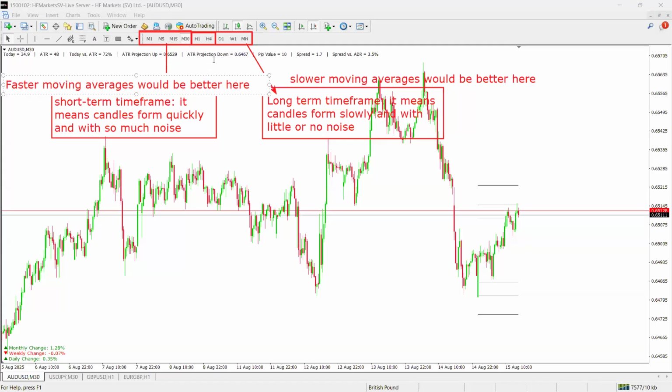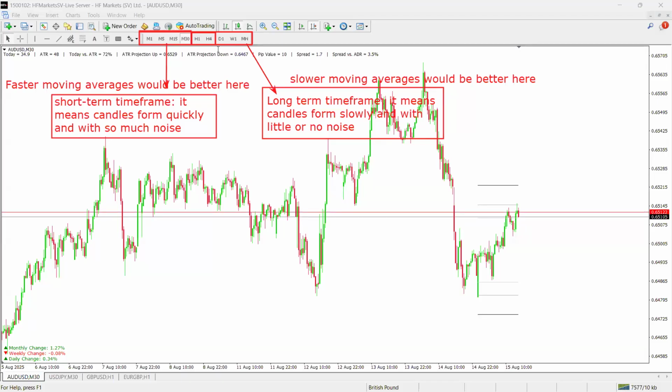Which means it does not make too much sense to be using 100 moving average, for example, on 1 minute time frame. Not like you cannot use it. There's nobody that will stop you, but it does not make too much sense. Okay?